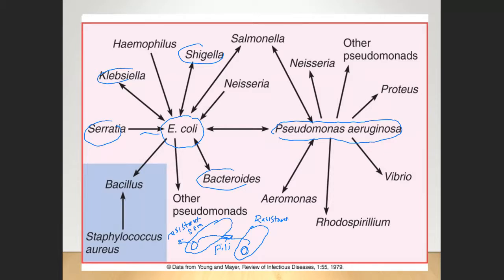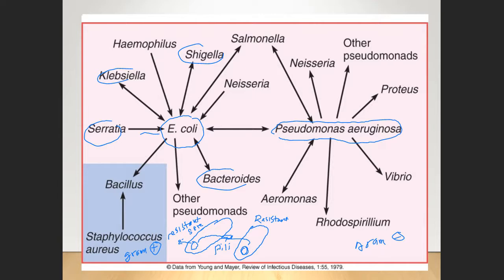They are also able to transfer across groups. So this group over here is actually gram positive. Okay, so this group over here is gram negative bacteria. So mostly gram negative bacteria are able to transfer the gene between them. And they're also able to transfer the gene to gram positive bacteria.